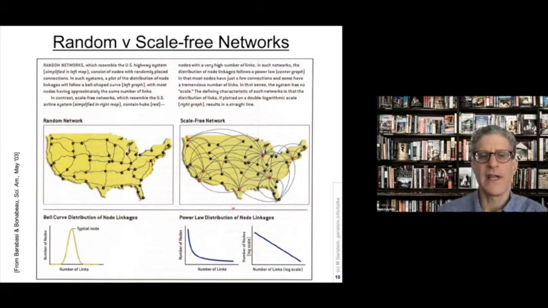And one of the nice comparisons people have for this is the road network in the United States, which is to some degree a random network. It's just connectivity of different cities, but there's a typical connectivity that you tend to have. And then there's what's called the airlines network.